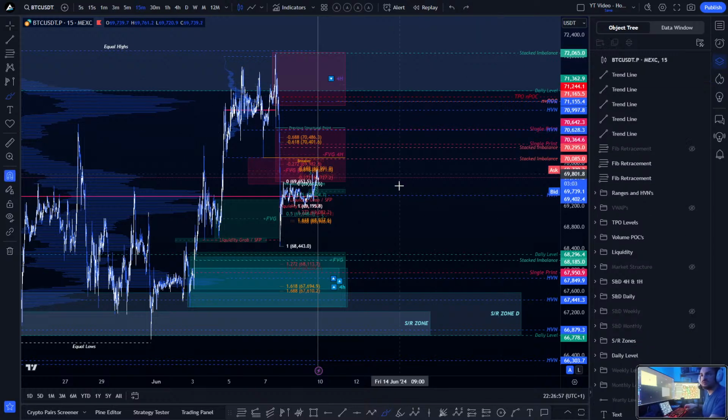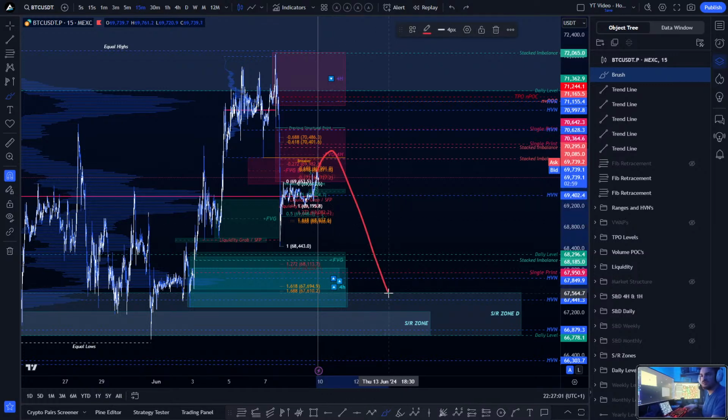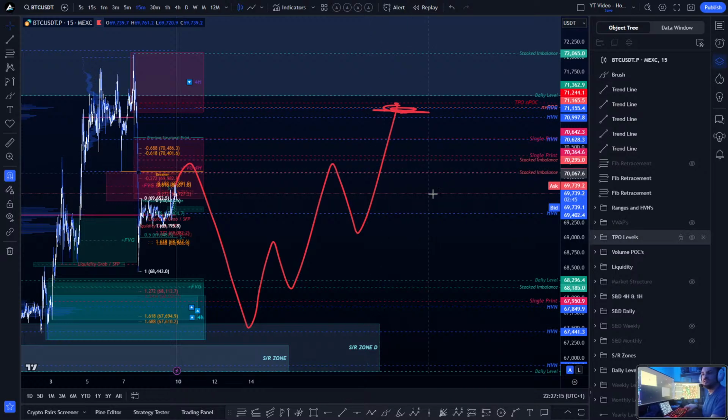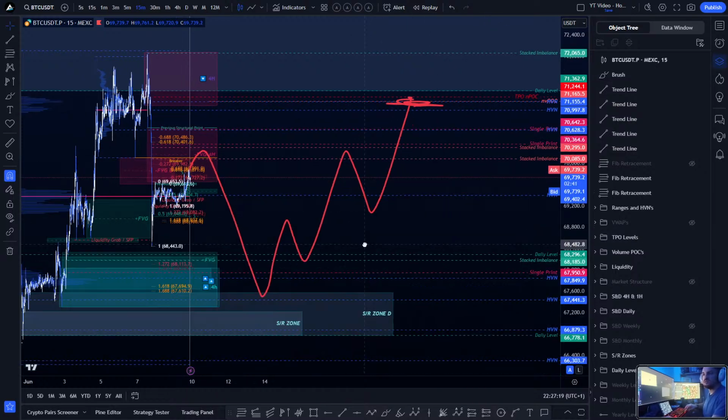Or if we don't violate, I'm trying to think where it would stop. Could be, yeah. Come here, create a reaction here again, and just continue pumping. This could be.